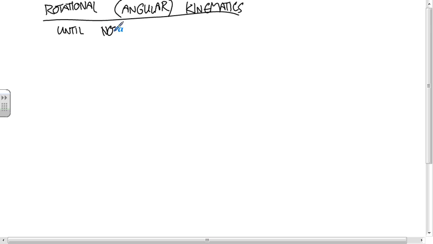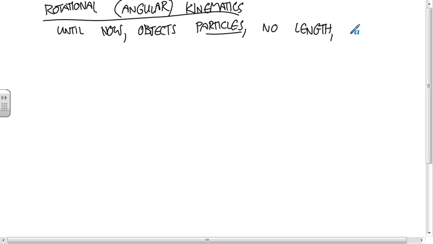Until now, everything's been particle motion. And that means that we've treated the objects as if they didn't have any length. And because they didn't have any length, we've also treated them as if there was no orientation. There's no difference to us what orientation an object is in.